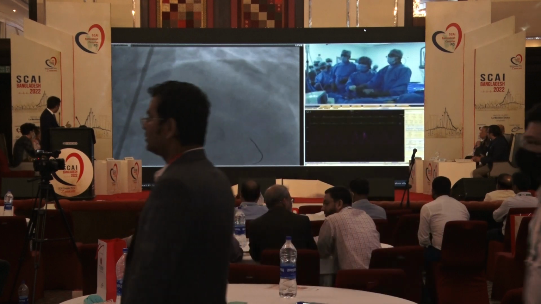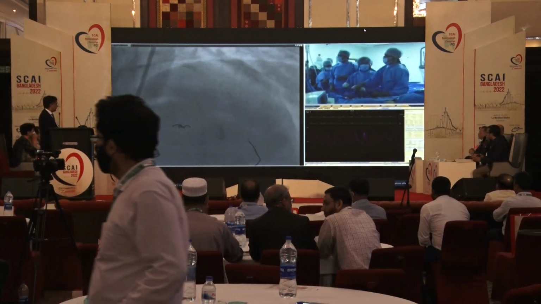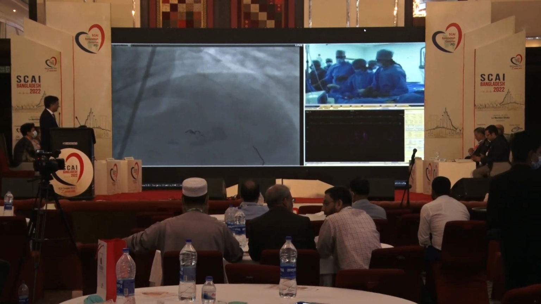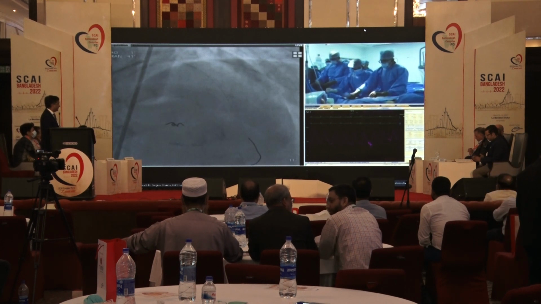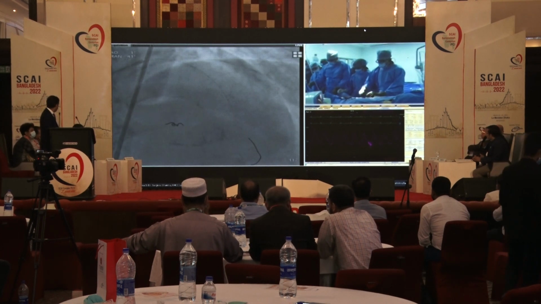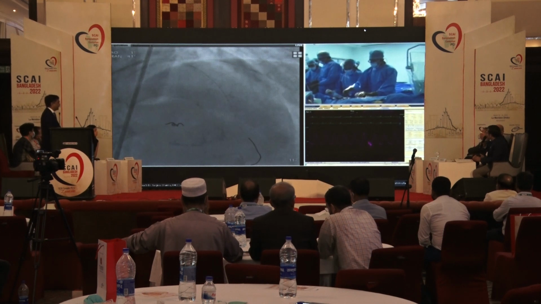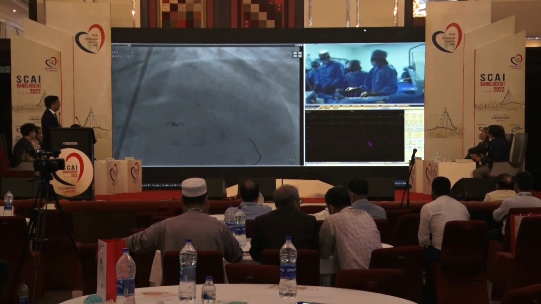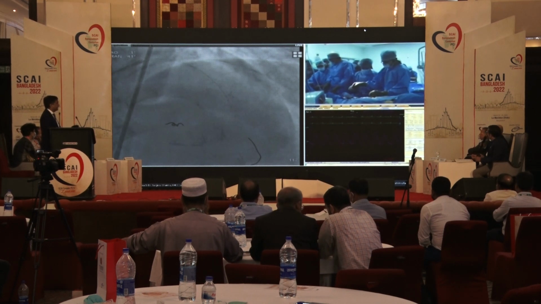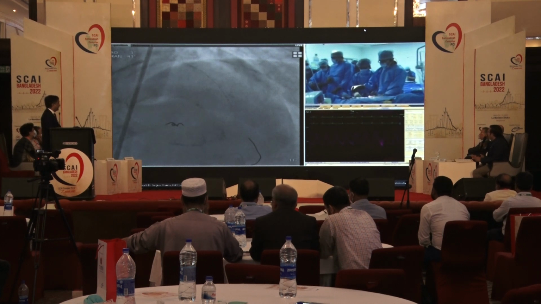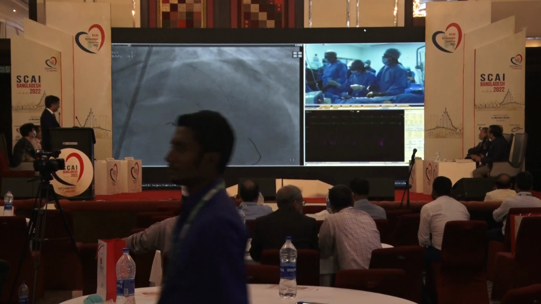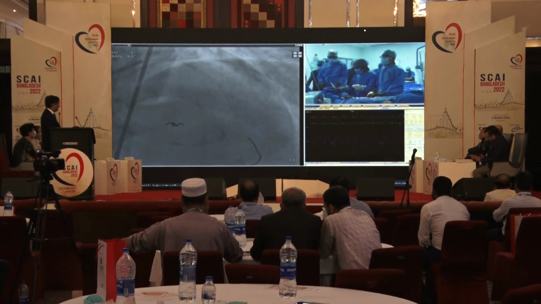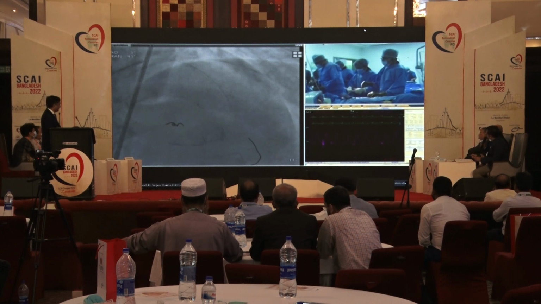Dr. Samin, I'm just asking you this because it's very important to know the reference diameter. You are telling us about upscaling the burr, whether you can increase the burr to 1.75 or not. Before that, we need to know the reference diameter of this vessel, because a burr to artery ratio of more than 0.6 is not good, as that will cause more luminal loss.